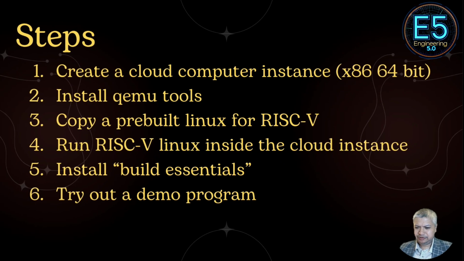The steps we'll be following are to create a cloud computer instance, which we already did, and inside of that we will install QEMU tools. Then we will copy a pre-built version of RISC-V Linux, and there are several steps to that.